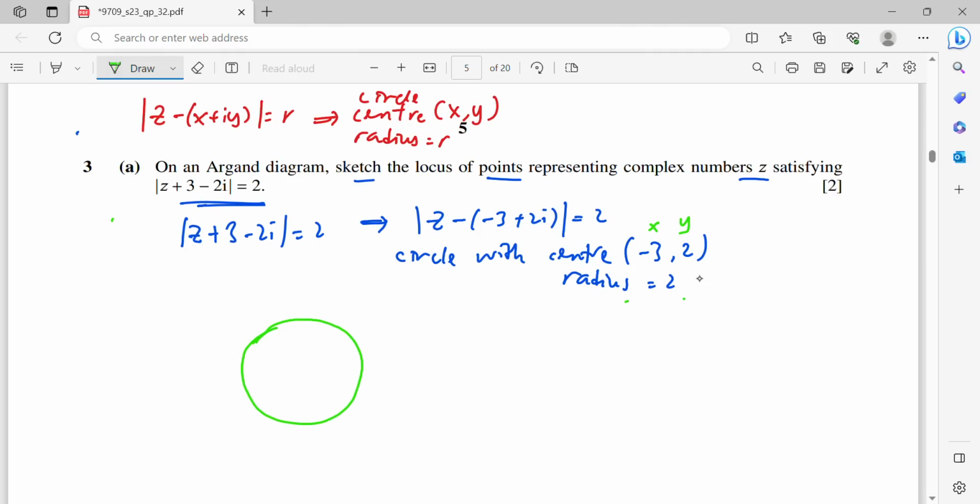Alright, then here I know that it's going to be minus 3, 2. So here is minus 3, this is 2. Alright, this is imaginary, here is real axis. Then because the radius is 2, I know that this is going to be 4. Okay, and here is going to be minus 5.